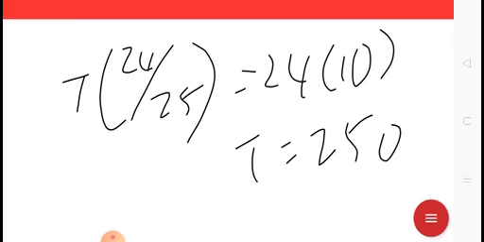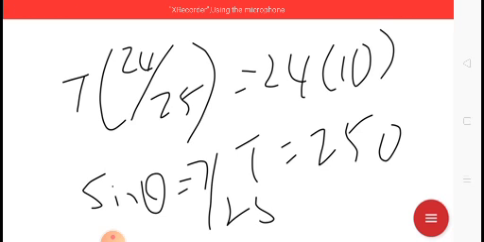Okay, so once you have done this, you can find the sine theta. The sine theta, you're using binoculars, you will be able to find sine theta is equal to 7 over 25.